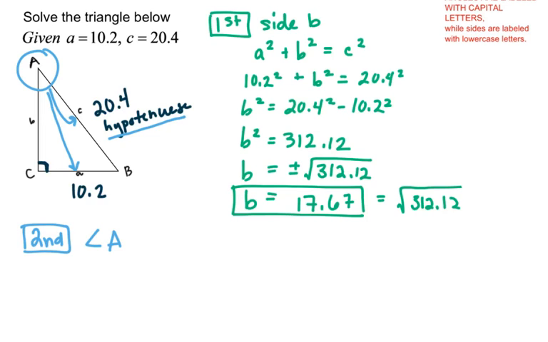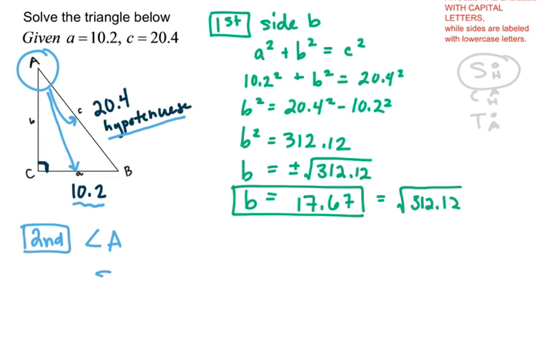That means that 10.2 is opposite A. So if A has an opposite and a hypotenuse, which trig function might we use? If we rewrite SOHCAHTOA, we see that sine deals with opposite and hypotenuse.